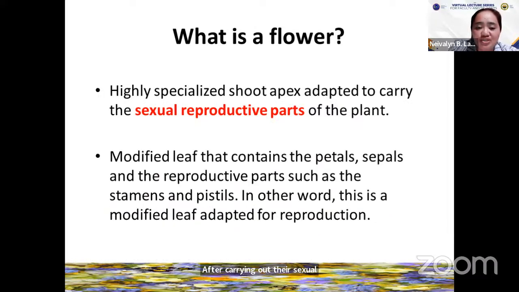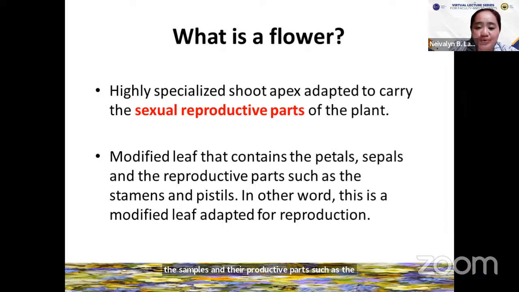Another definition: a flower is actually a modified leaf which contains its important parts, which include the petals, the sepals, and the reproductive parts such as the stamen and the pistils or the carpels.